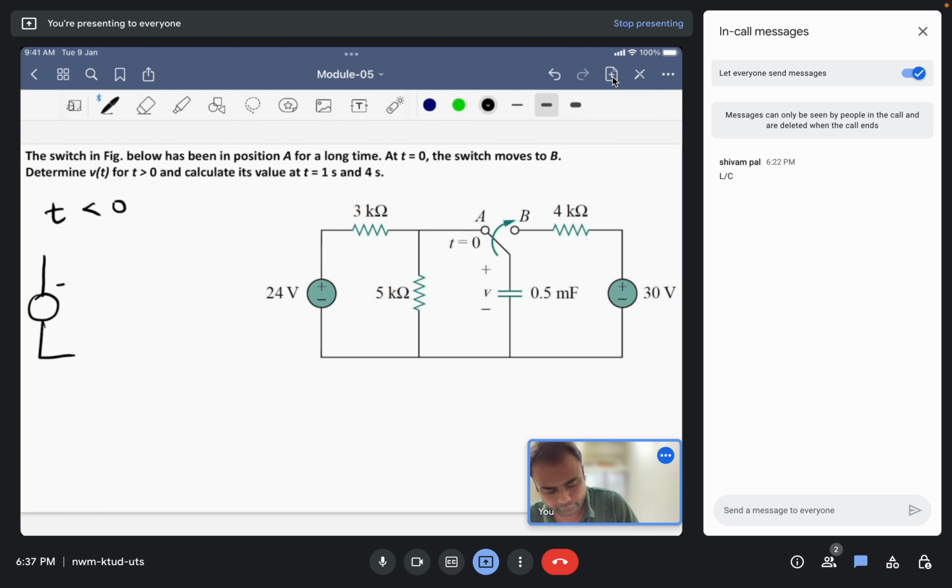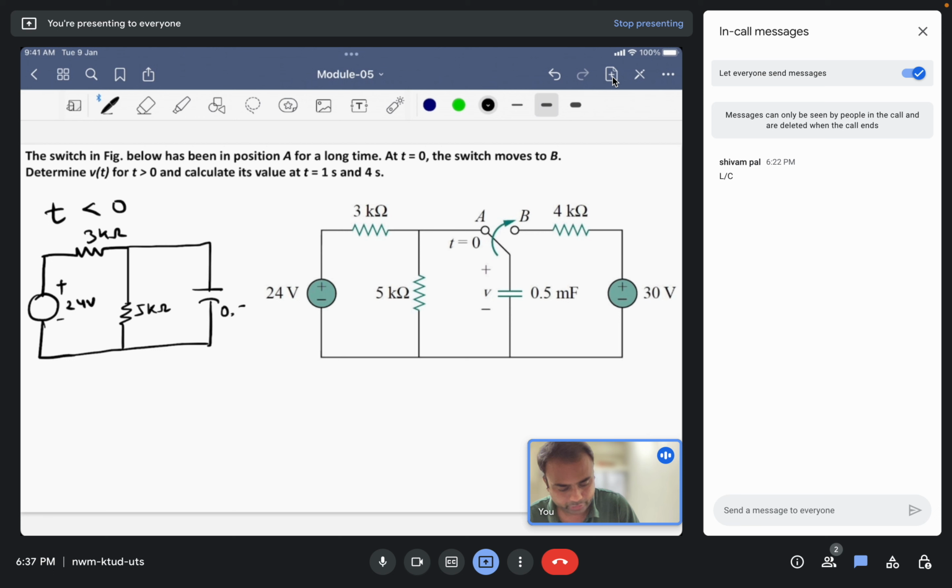So this is a 24 volt source, and a 3 kilo ohm resistance is here, and a 5 kilo ohm resistance is here, and in parallel we have a capacitor of 0.5 millifarad. Since the circuit was in this position for a long time, the capacitor will charge, and finally it will become an open circuit.